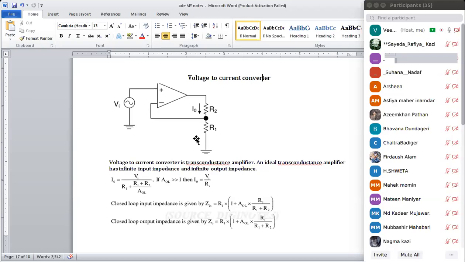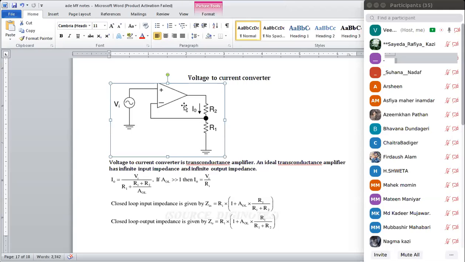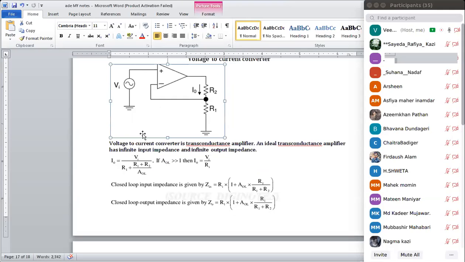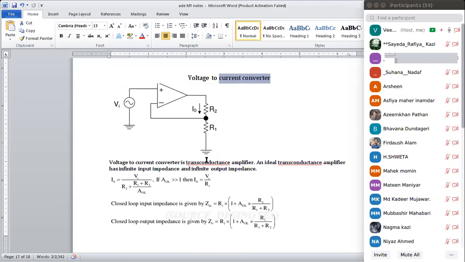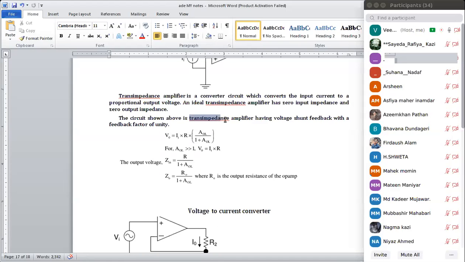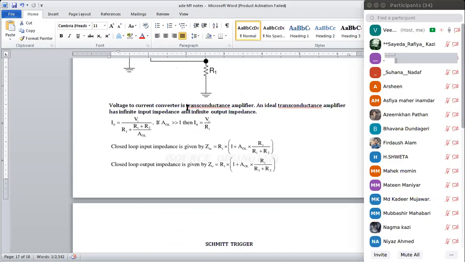So now we need to calculate the current. Input is voltage, and what we require is output current. Then how is this circuit going to convert? We'll see that. This voltage to current converter is also called a transconductance amplifier. This was transimpedance, and this is a transconductance amplifier.